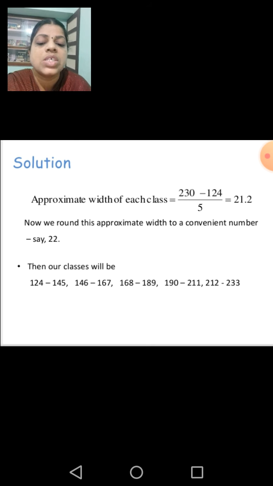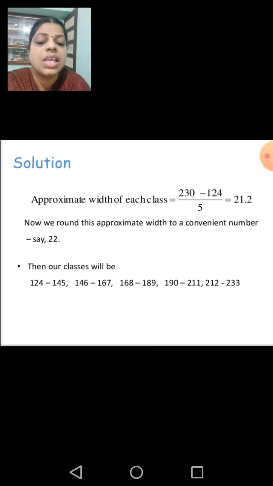Then our classes will be, here we can see how many classes there are. 5 classes are there. Understood? Yes, that is 124 to, with 22 as the difference, so 124 to 145. The next one is 146.